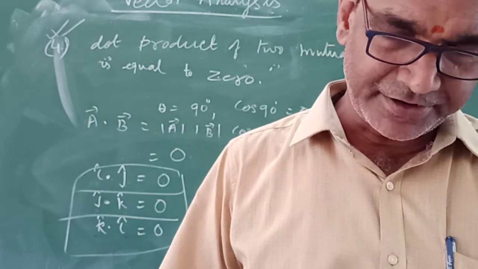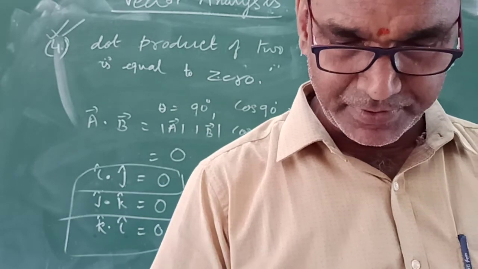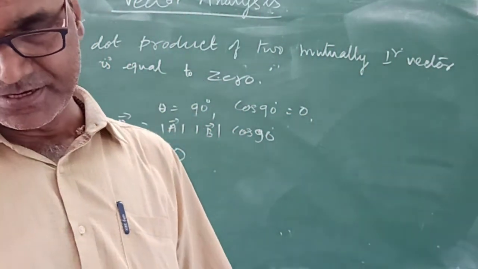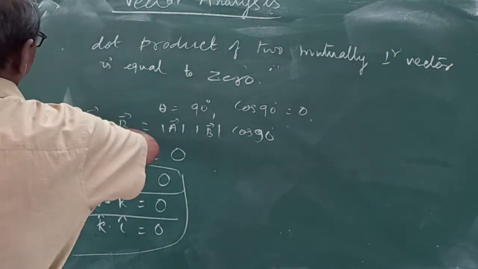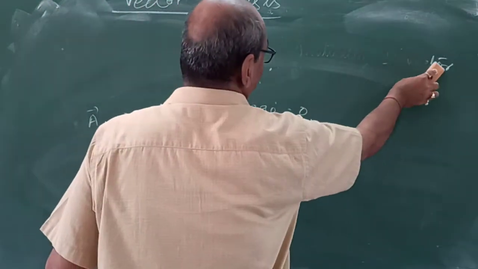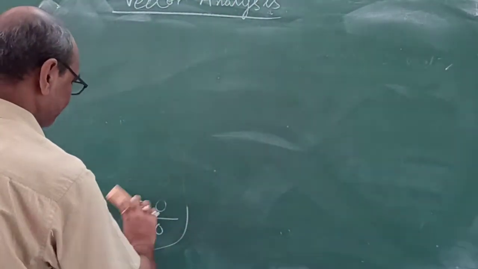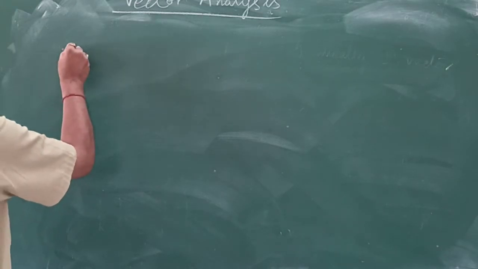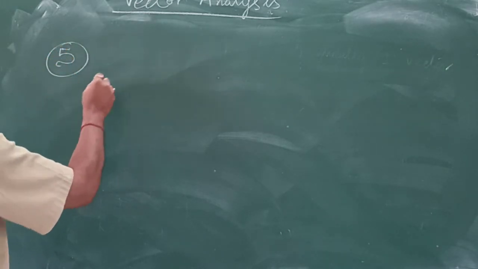Now, how can you multiply the dot product in component form? Fifth point: dot product in rectangular components.